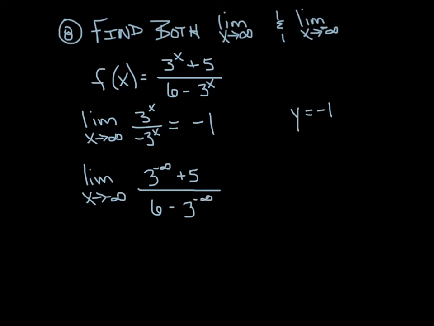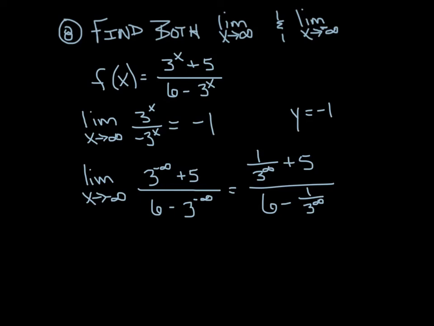Anytime you take a number such as 3 and raise it to a negative power, what you're really doing is creating a fraction. So it's like 1 over 3 to the infinity plus 5, and then 6 minus 1 over 3 to the infinity. Now what you'll notice here as we analyze just this particular fraction, of course 3 raised to infinity is huge.